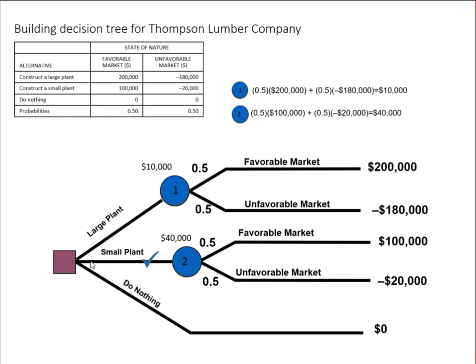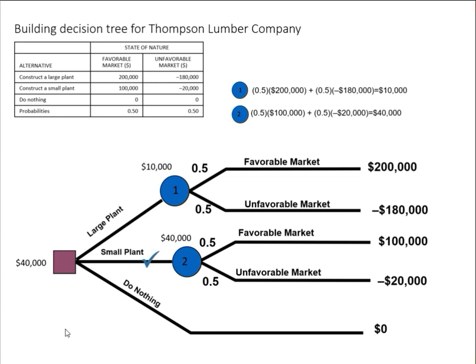And also I'm going to copy the expected payoff from this branch, which is $40,000, over here next to this square. So I know the expected payoff from this decision is this number, and it comes from building a small plant. So at this point, we complete the analysis for this decision tree.